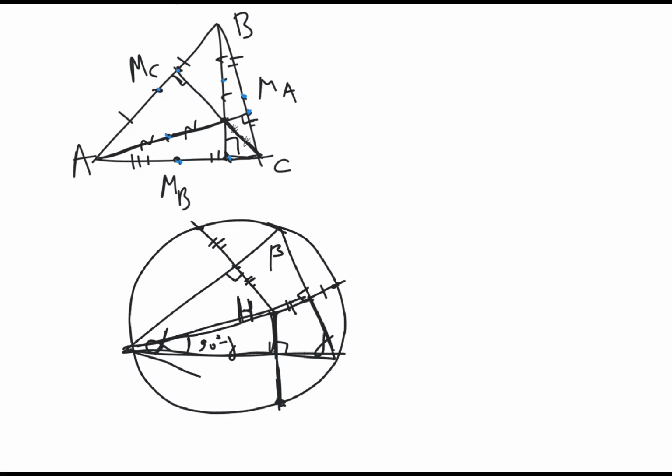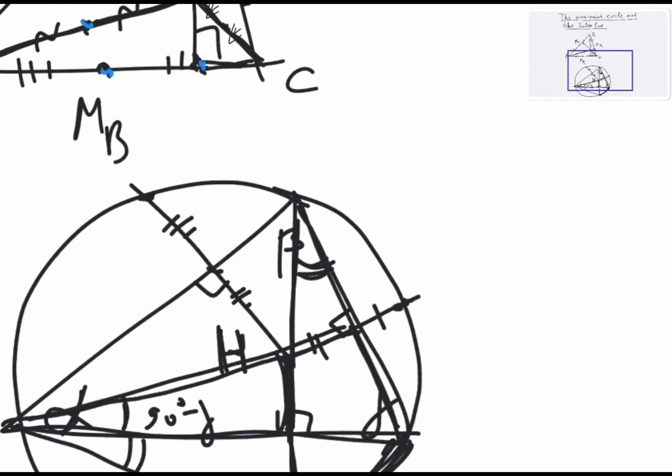And we consider now this. So now this angle is equal to this angle, because they're inscribed angles subtending the same arc. But this angle, from this right triangle, is equal to 90 degrees minus gamma.